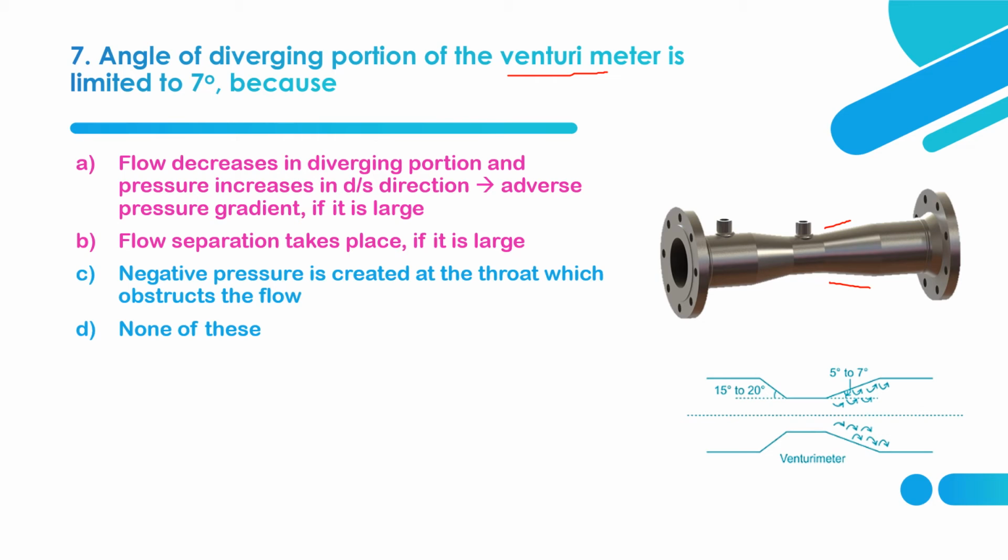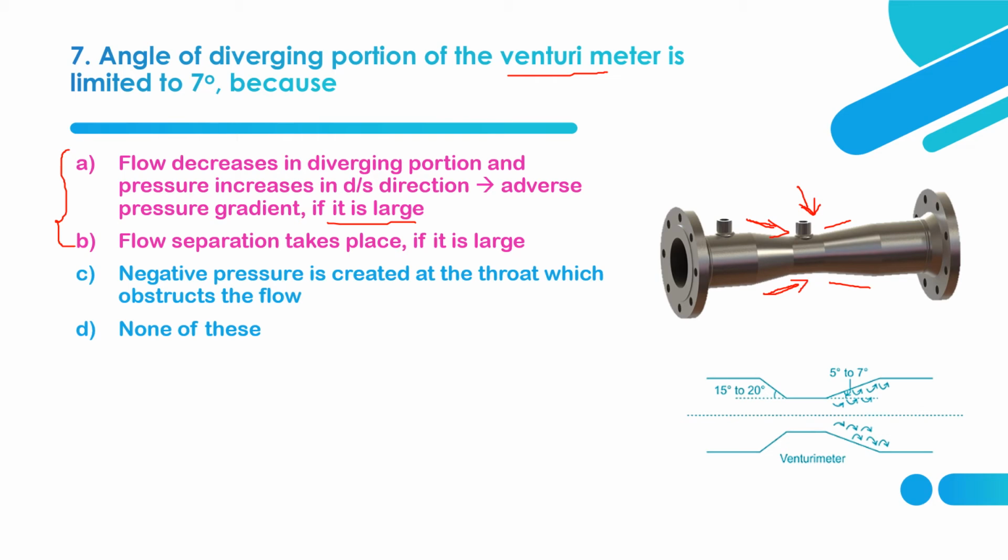So the correct reasons are given in options A and B. Flow decreases in the diverging portion and pressure increases in the downstream direction, so it causes an adverse pressure gradient if the angle is large. In the converging portion the flow increases, and in the diverging portion the flow decreases.